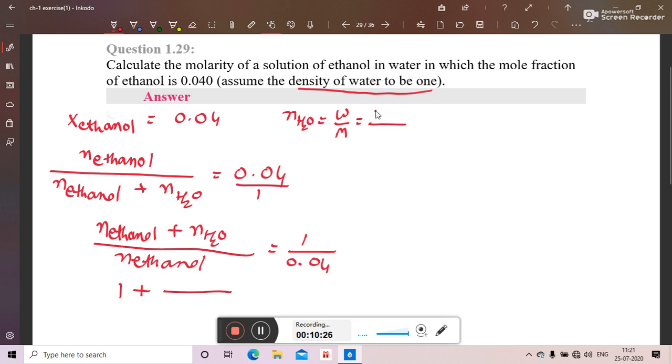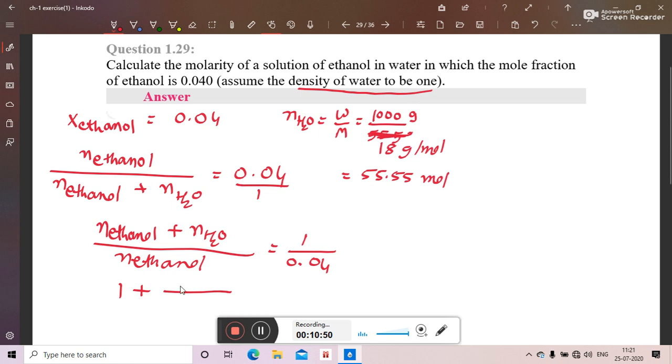So in that case mass of water will be 1000 gram and molar mass of water is 18 gram per mole. So when you divide 1000 upon 18, number of moles of water is 55.55 mole.